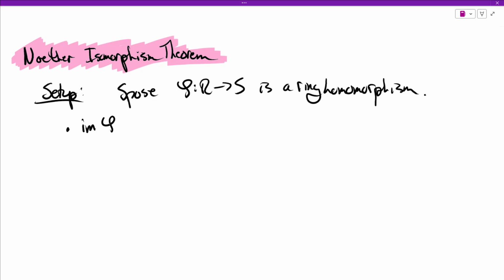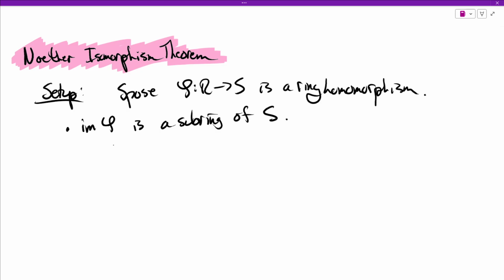Namely, we showed the image of phi, which is the range, is a subring of S. And in fact, phi naturally lands in the image. So we can think about phi instead as a function from R to the image.